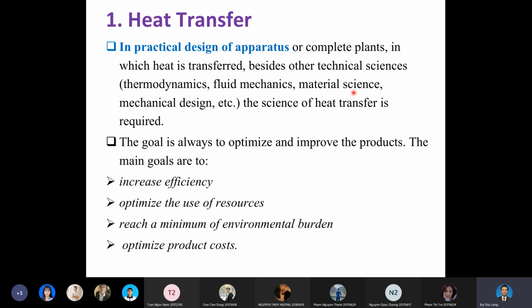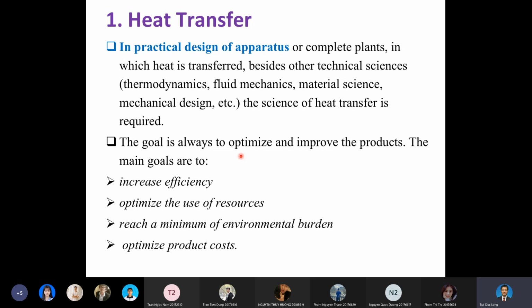And mechanical design. So you have to consider the science of heat transfer, which is required. So the goal is always to optimize and improve the products.